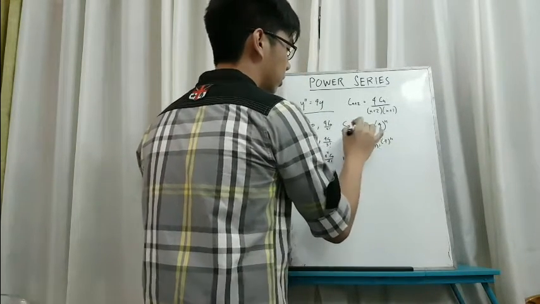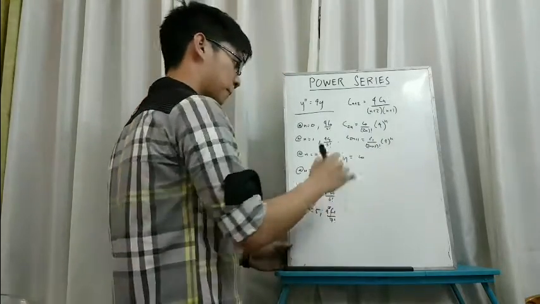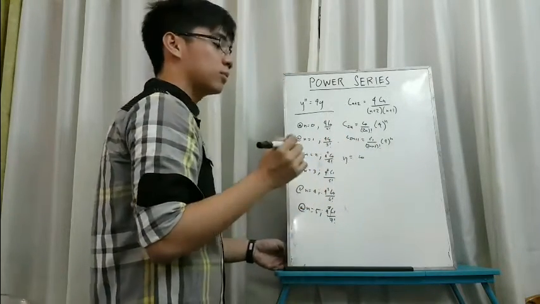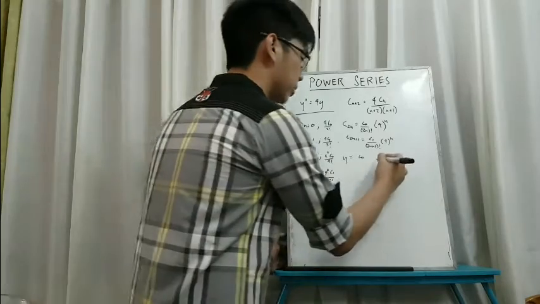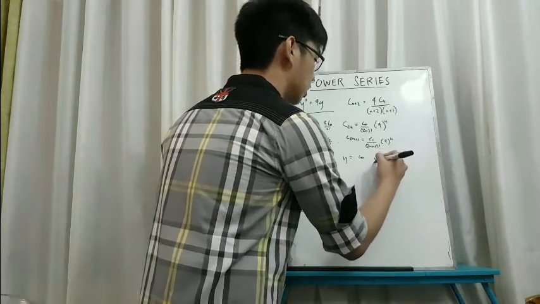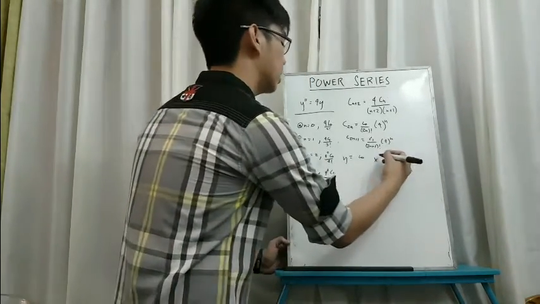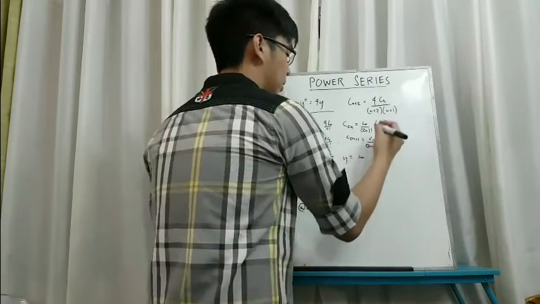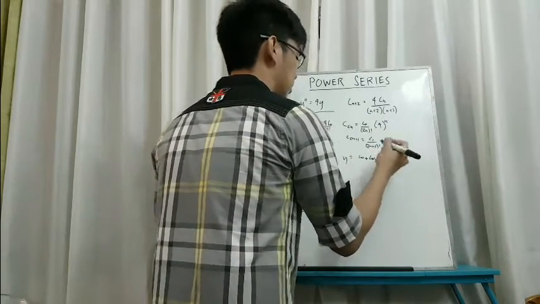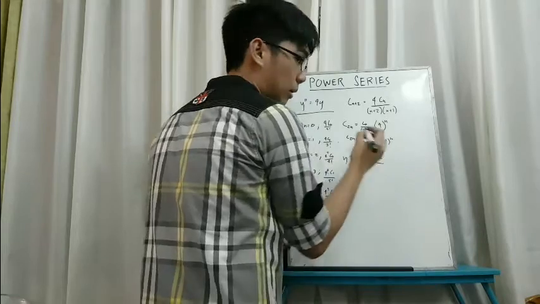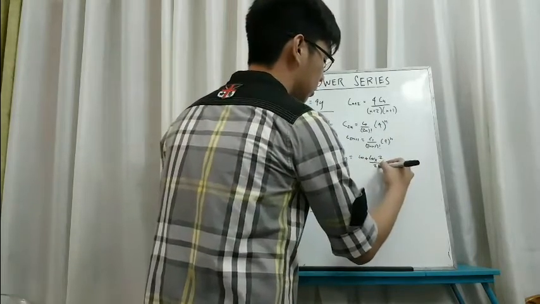If this is 1, C sub 2 times 1 is C2, so there should be x squared, equals C0 all over 2 times 1, which is 2 factorial there.